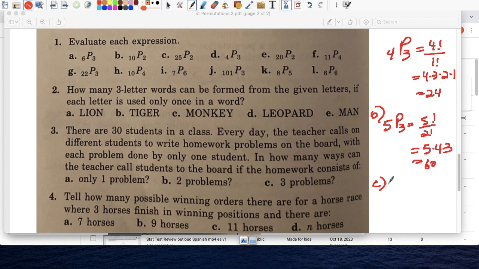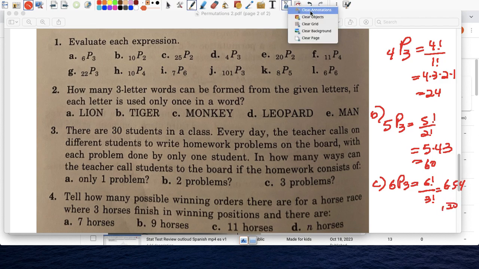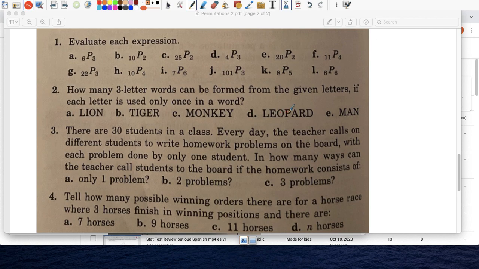Monkey has 1, 2, 3, 6 letters, so 6 taken 3 at a time. So again, 6 factorial over 6 minus 3 is 3 factorial. That's going to give us 6 times 5 times 4, and that's going to give us 20 times 6, 120. Leopard has 1, 2, 3, 4, 5, 6, 7. 7 taken 3 at a time, 7 factorial over 4 factorial.